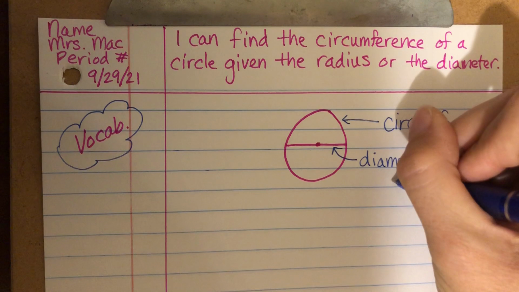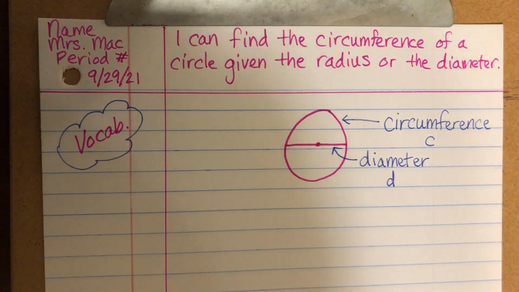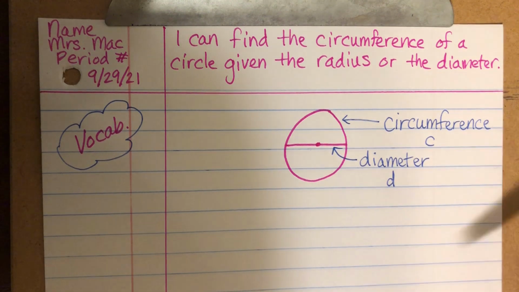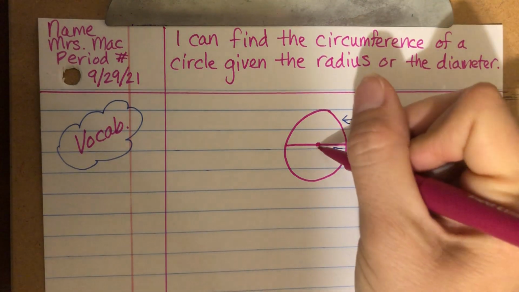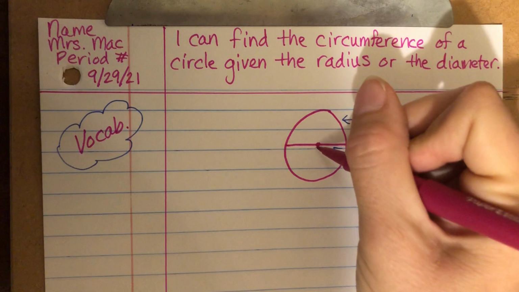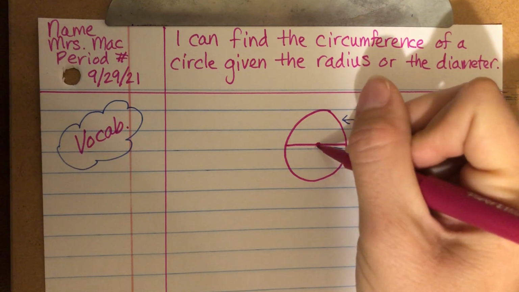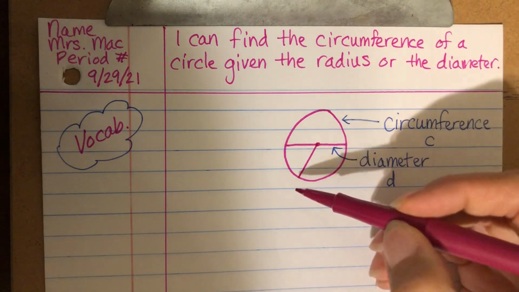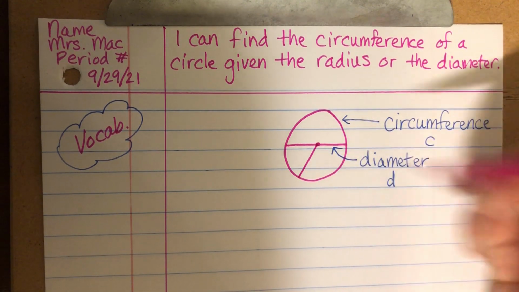And we use a letter D for diameter when we're writing the equations for a circle. And then the last thing that we haven't really talked about is the radius. The radius is just half the diameter. It connects the middle of the circle to the edge of the circle. So it's basically halfway across instead of the whole way.